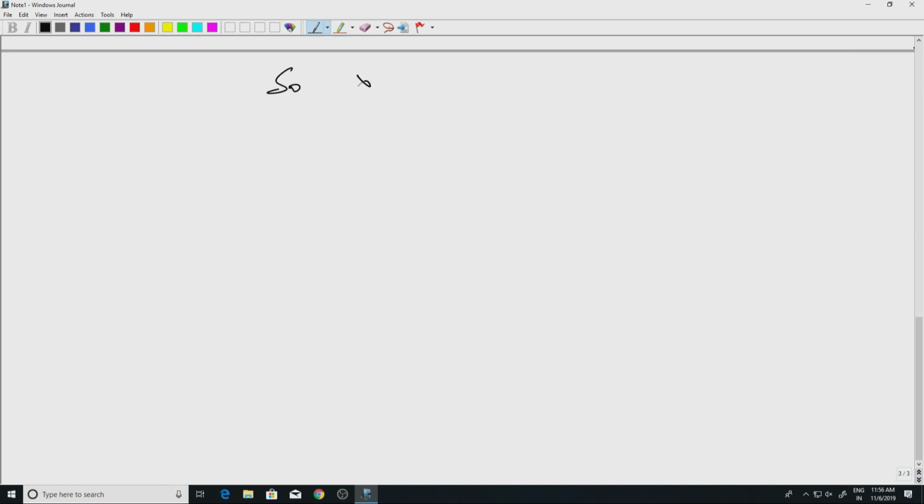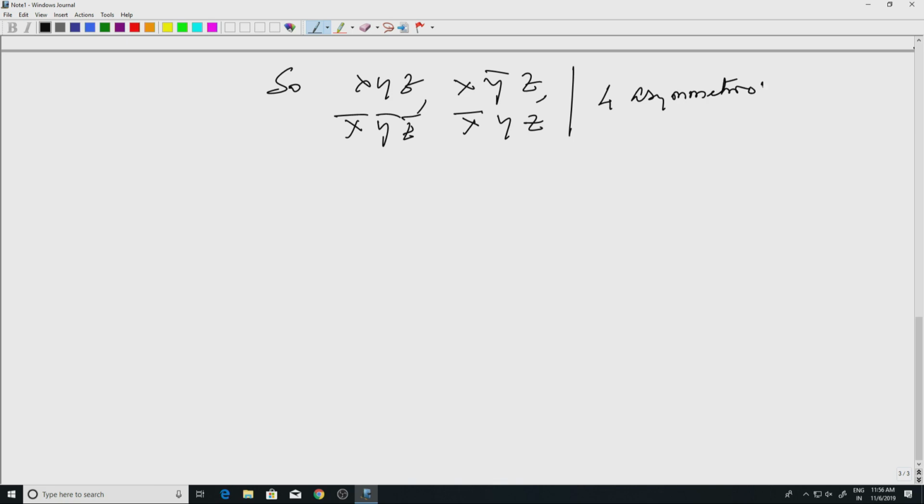So x, y, z, x, y bar, z, x bar, y bar, z bar, x bar, y, z bar. 4 asymmetric units in P2 by m.